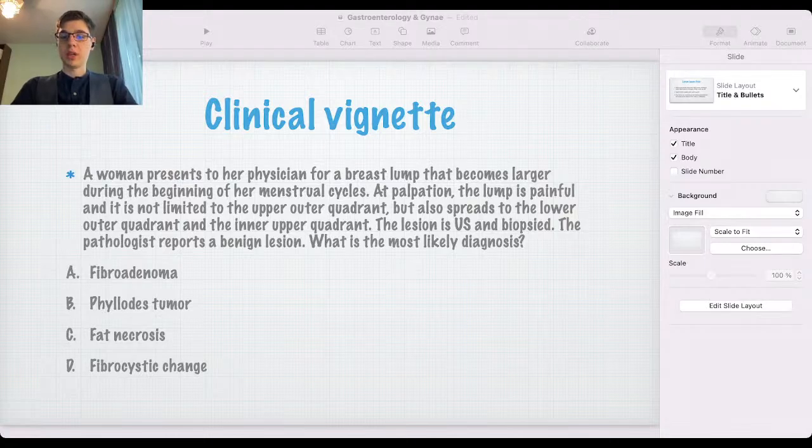Fibroadenoma because of the estrogen effect, from Talha, okay. Okay, gotcha.